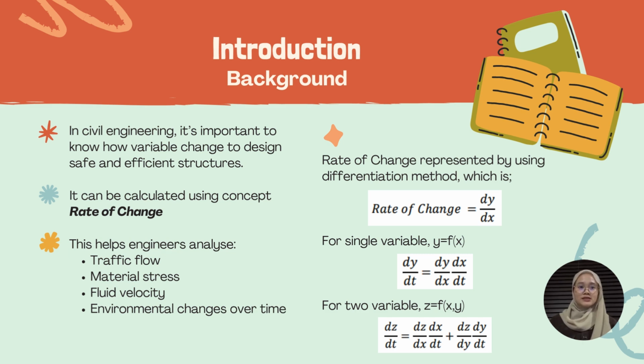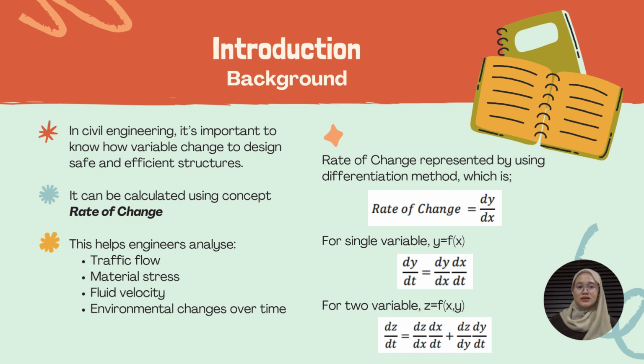Rate of change is represented using the differentiation method, which is rate of change equals dy over dx. For a single variable, y equals f(x), we represent the derivative by dy over dt equals dy over dx multiplied by dx over dt.